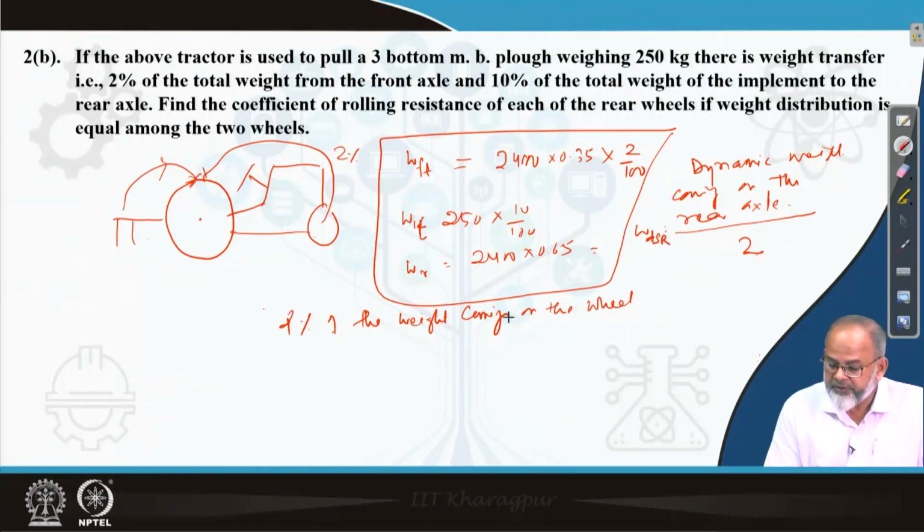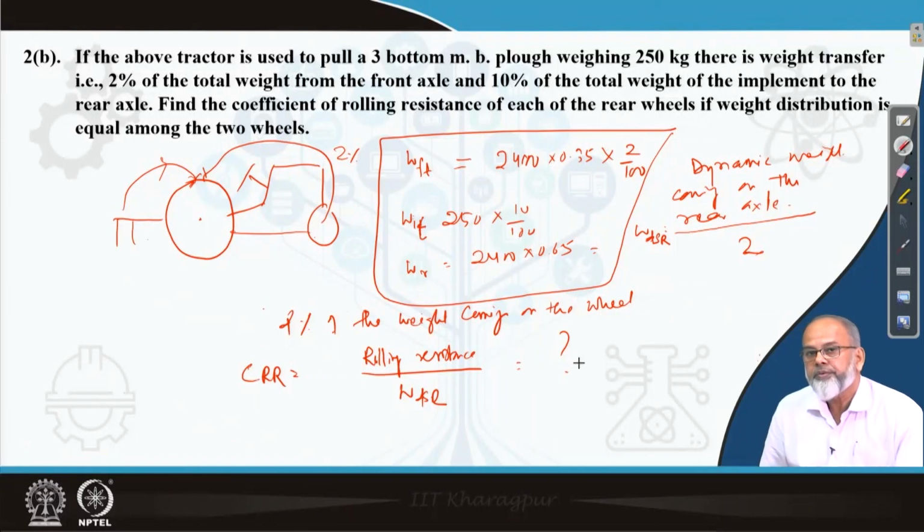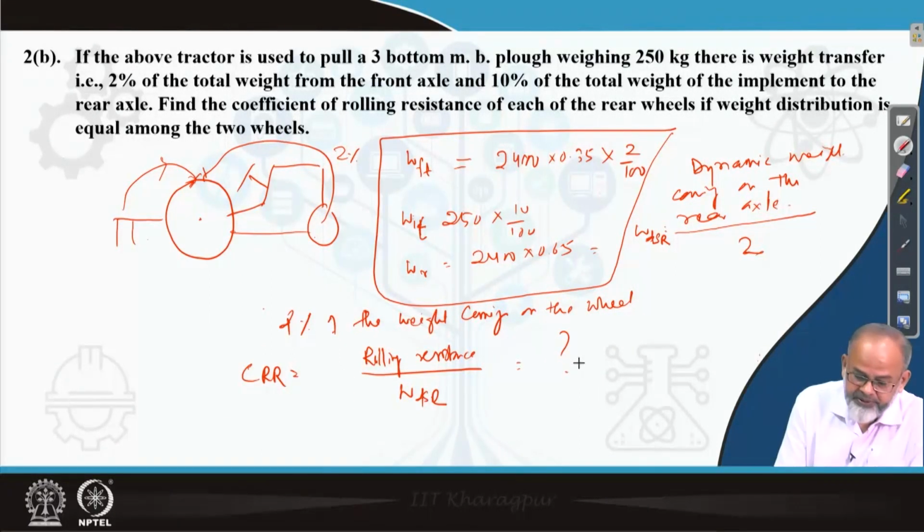Now, 4% of that is the rolling resistance, and coefficient of rolling resistance will be rolling resistance divided by dynamic weight. So, that way you find out the coefficient of rolling resistance.